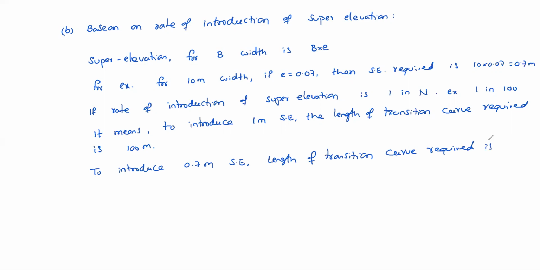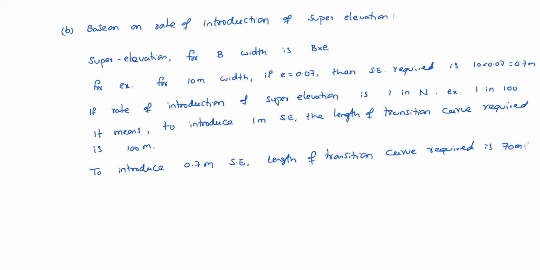See, for 1 meter rise, 100 meters is required. For 0.7 meter rise, how much is required? Kiran? 70 meters. Yeah, exactly. 70 meters is enough.